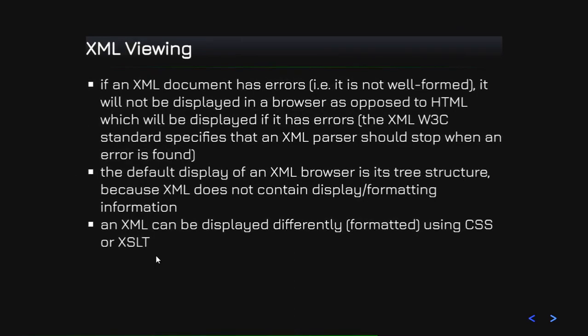I've already told you that loading an XML document in a browser just shows the hierarchical structure of the XML document, if it doesn't have errors: either well-formedness errors, meaning it complies to the syntactic rules of XML, and also, if it has a DTD or an XML schema specification, it shouldn't have errors related to the validation, meaning it should comply to this DTD or XML schema specified.